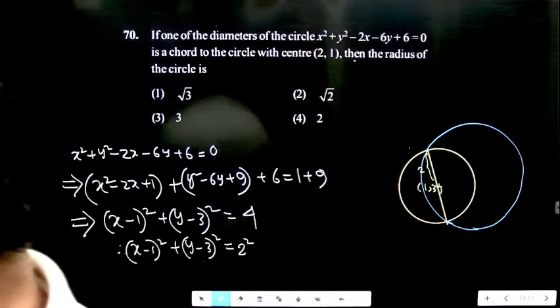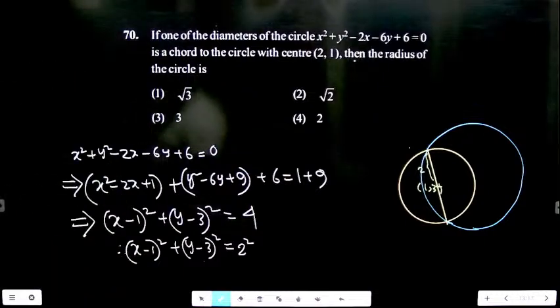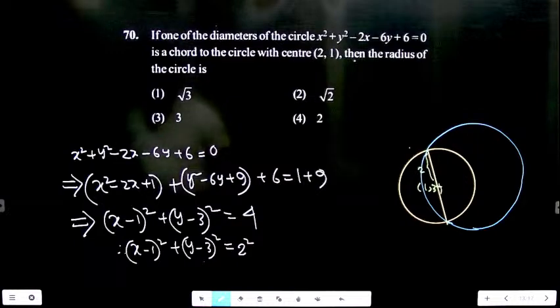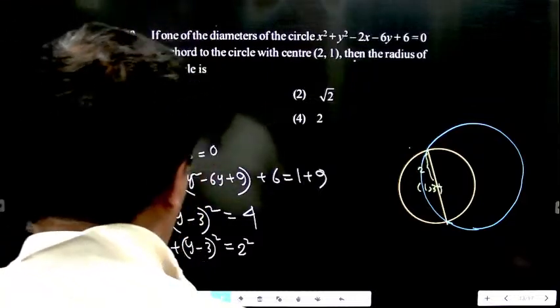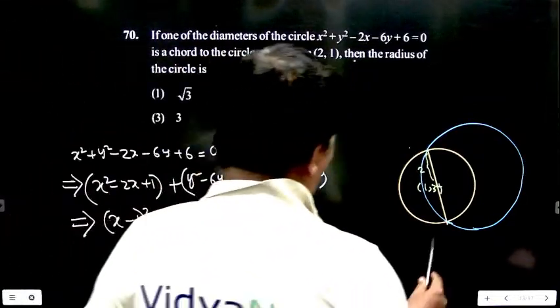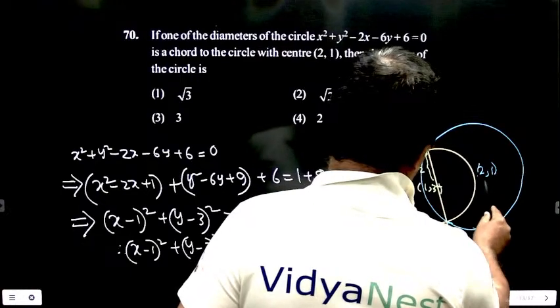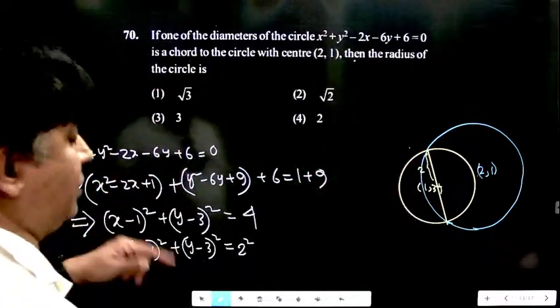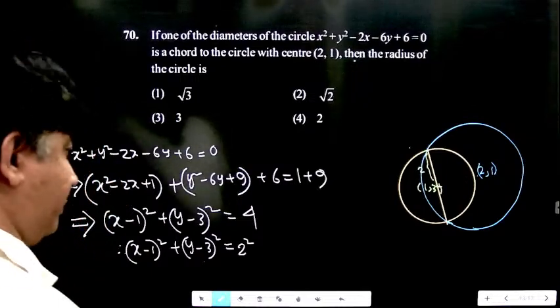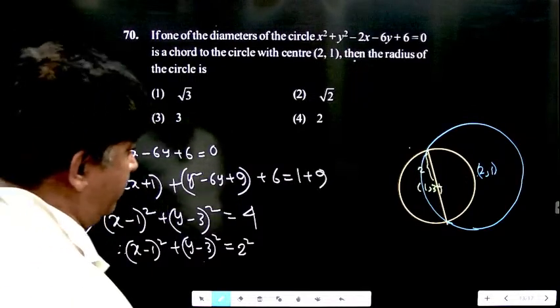Another circle whose chord is that diameter. Okay? Yes or no? And its center is 2, 1. We have to find the radius of that circle. Okay? Okay, sir.